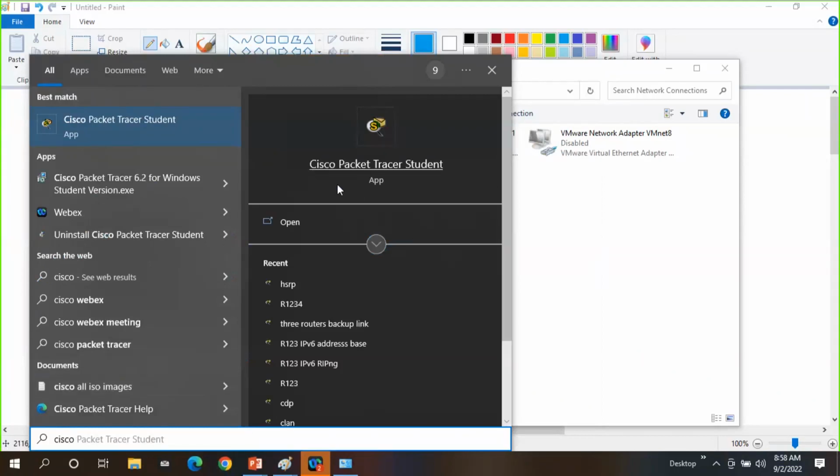This is the Cisco Packet Tracer Student app. Is it a free download? Yes, free.